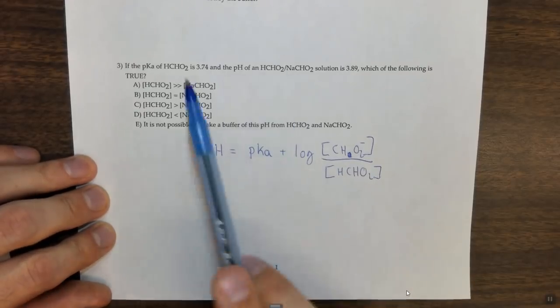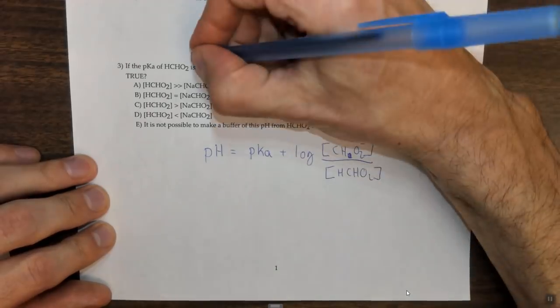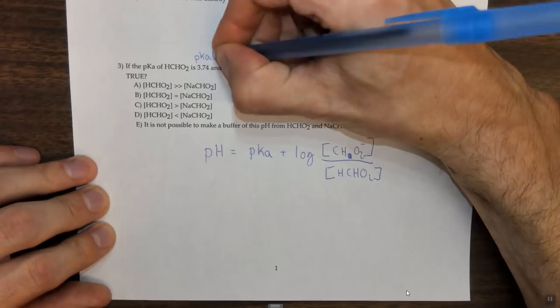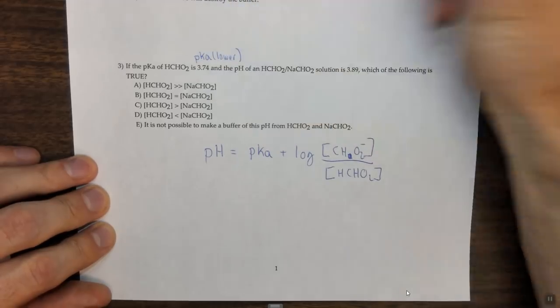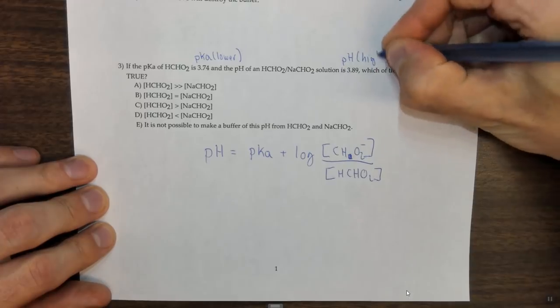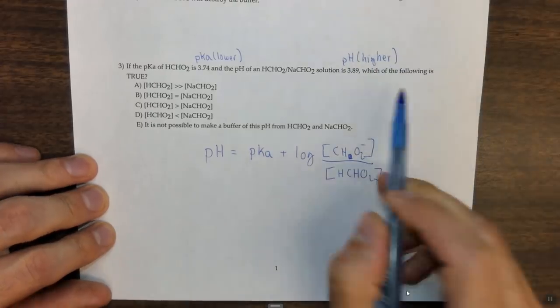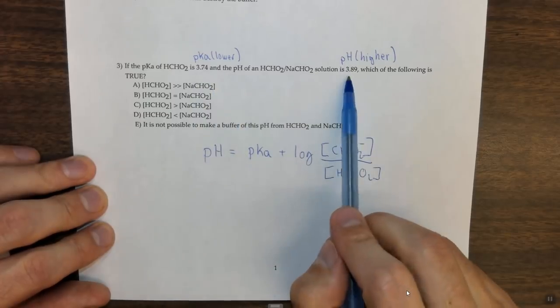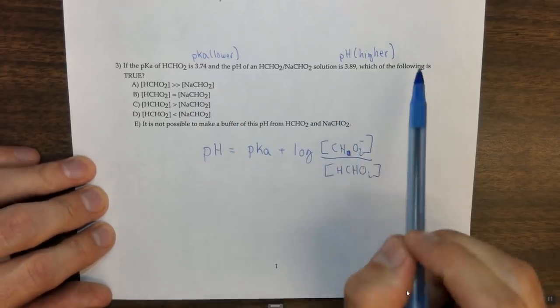Well, in this case, if we notice, this is the pKa, and it is lower. This is the pH, and it is higher. So from a common sense perspective, if the pH is higher than the pKa, there has to be additional base.